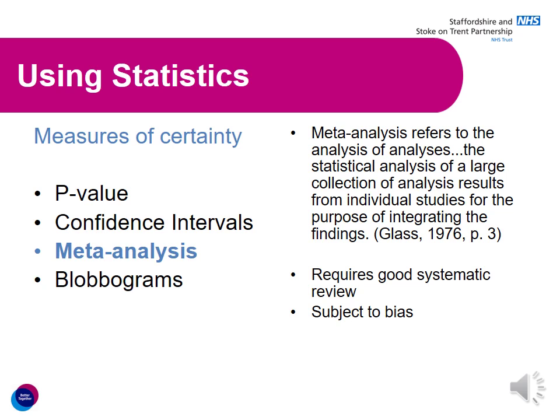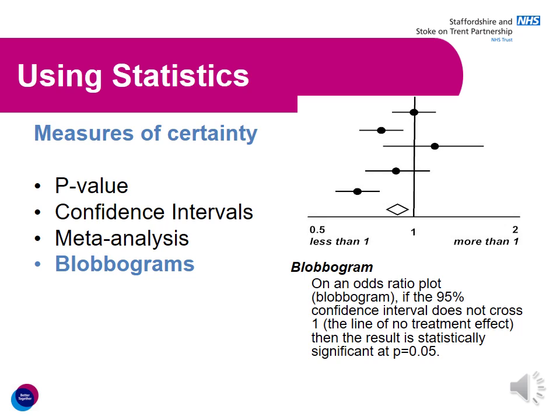So a meta-analysis is one way to combine, well, it describes how we combine the results of those several studies together. So often, if you see a meta-analysis, you'll see a blobbogram, or this is called an odds ratio plot. Someone might call it that. So here we can see the results of 1, 2, 3, 4, 5 studies.